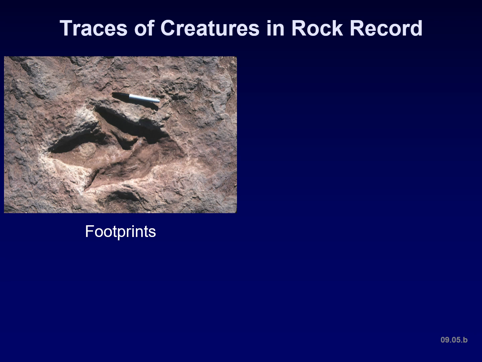We also have not the actual direct fossilized organism itself, but rather evidence that it was there at one point, and we call these trace fossils. And these are traces of organisms in the rock record. Famously in upstate New York, we have dinosaur footprints. So this is an actual footprint left in a shale.